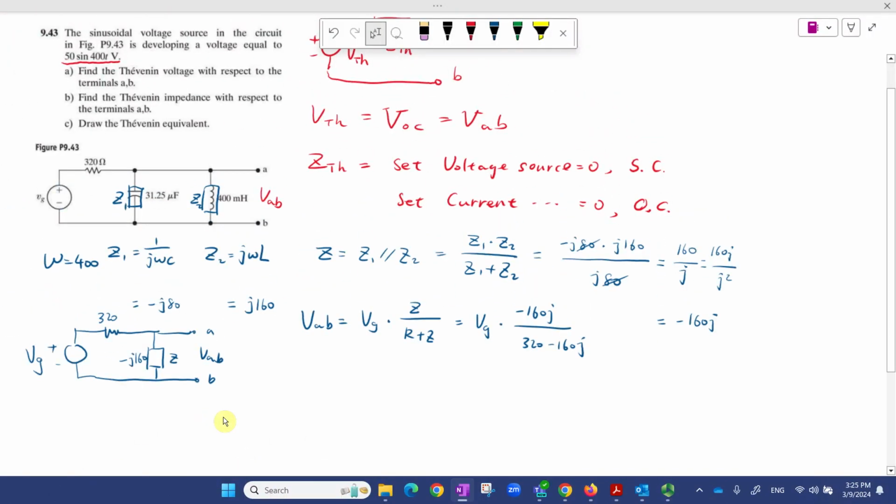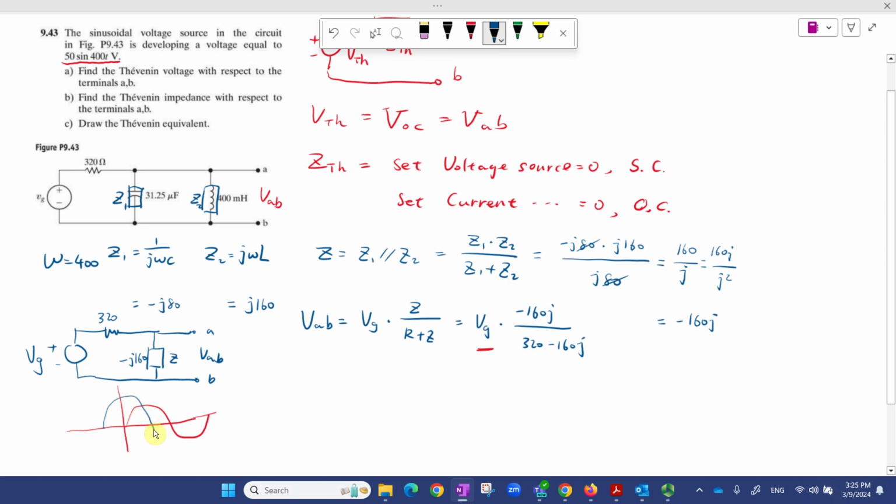Then we want to find how much VG is. We don't know VG yet. VG is 50 sine 400t volts. If you follow the textbook convention, we always talk about cosine, so you want to convert that to a cosine. To convert a sine to a cosine, a sine looks something like this, and cosine starts from here.